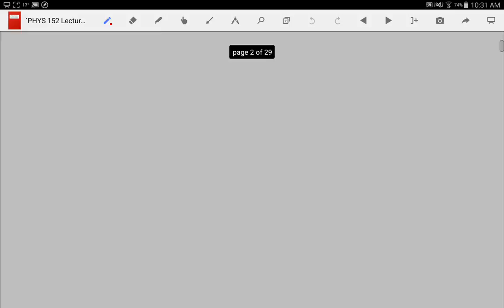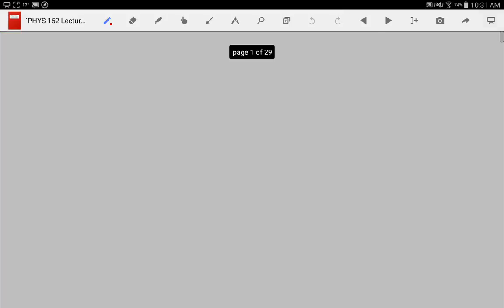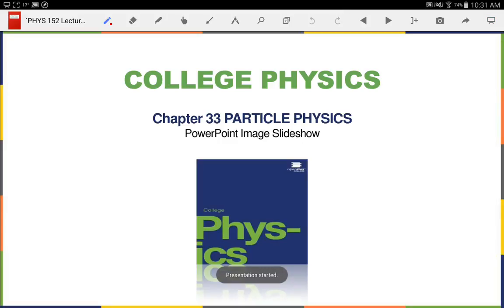Okay, today we're going to be looking at particle physics, the last section we're actually going to cover. And we're going to start with a clicker question here.